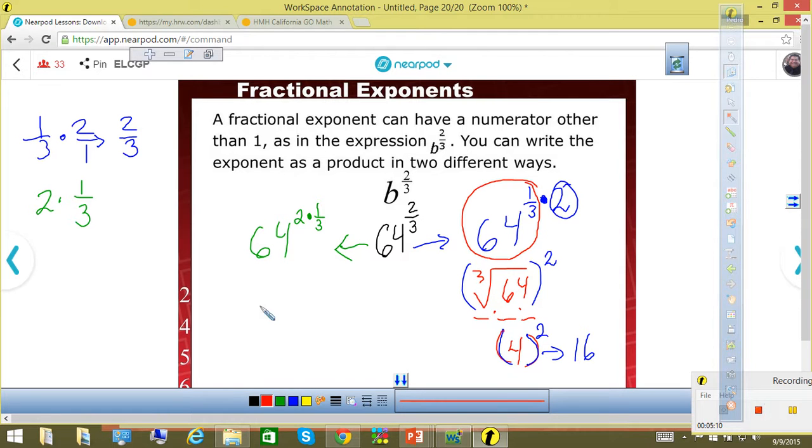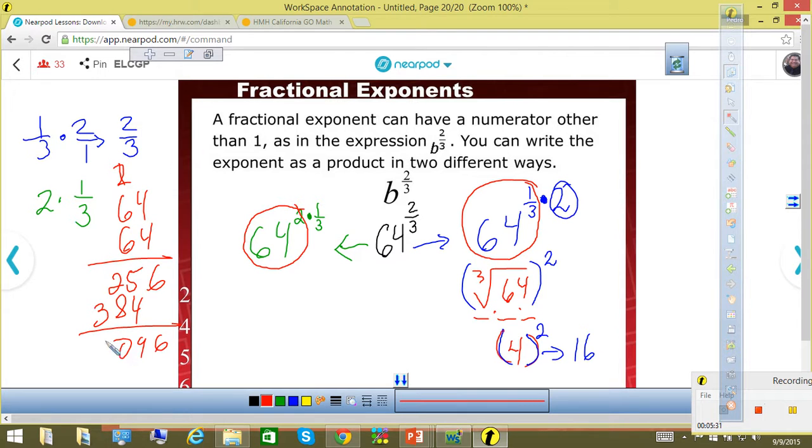However, let's see. What is 64 squared? That means we need to multiply 64 times 64. What is 4 times 4? 16. We got 1. 24 plus 1, 25. That's 24. We got 2. 36 plus 2, that's 38. This is 6, 9, 10, 4.